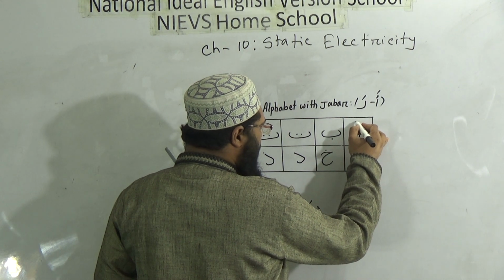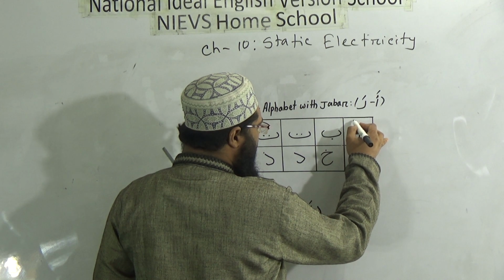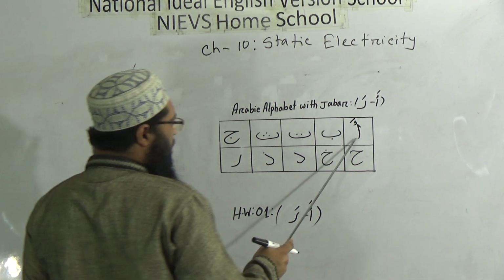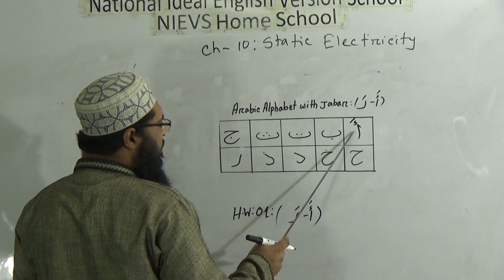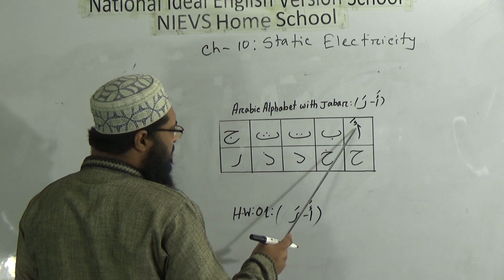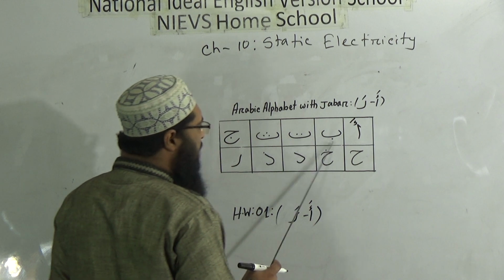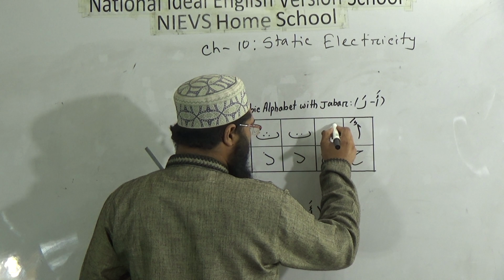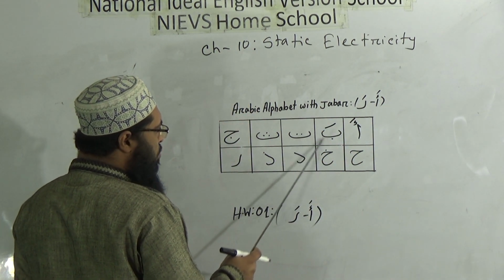When you give the Jabar over the Alif, it has to be said Hamza Jabar A. When Alif takes any Jabar, you have to pronounce it Hamza Jabar A. Then you know that this one is Ba. Now I am giving Jabar over the Ba. Now you have to pronounce this one Ba Jabar Ba.